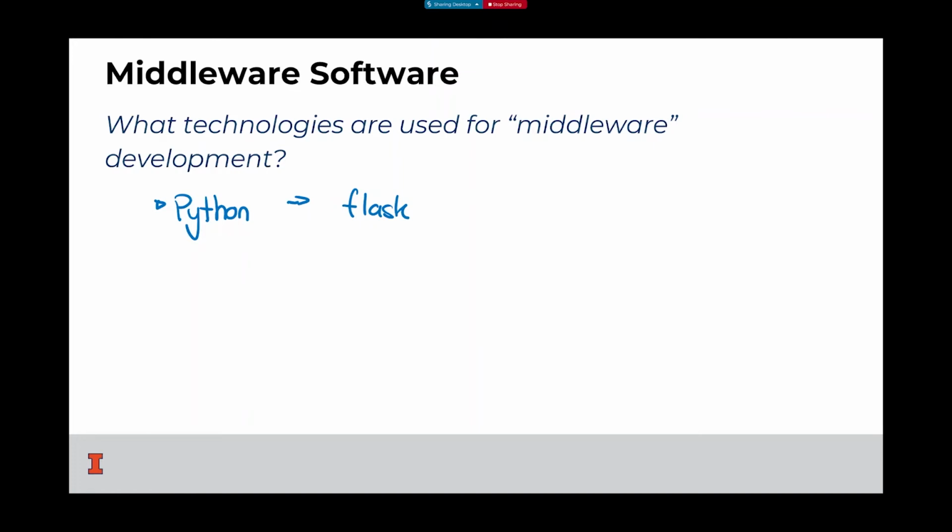Any other technologies for microservices? Yeah. So Django? How do you even spell it? Right, A-N-G-O, I think. Django. That's a more complicated framework. It usually tries to handle both middleware and front end. You'll see there's an entire application structure.